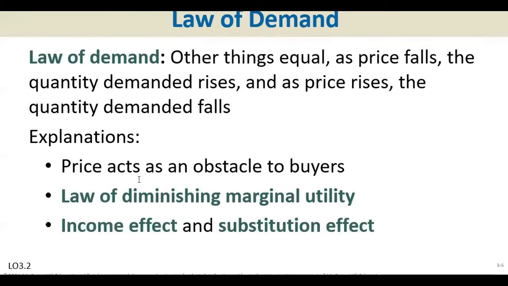The law of demand: other things equal, as price falls, quantity demanded rises, and as price rises, quantity demanded falls. Here you see that indirect or inverse relationship between the quantity demanded and the price of a good. And we tend to buy more of a particular good when the price is down because the price acts as an obstacle to the buyers.